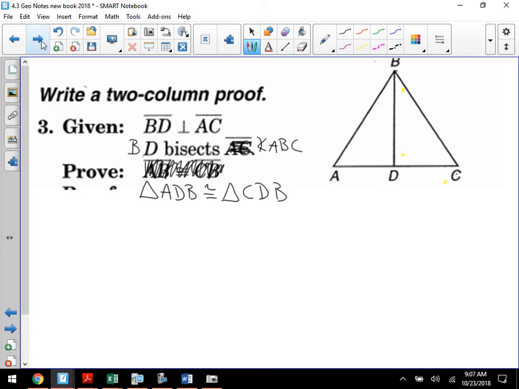So I know I crossed out a couple things to rewrite it, so I wanted to do a different progression versus something else. We haven't done an angle bisector in a while. So we have BD is perpendicular to AC, and BD bisects angle ABC.